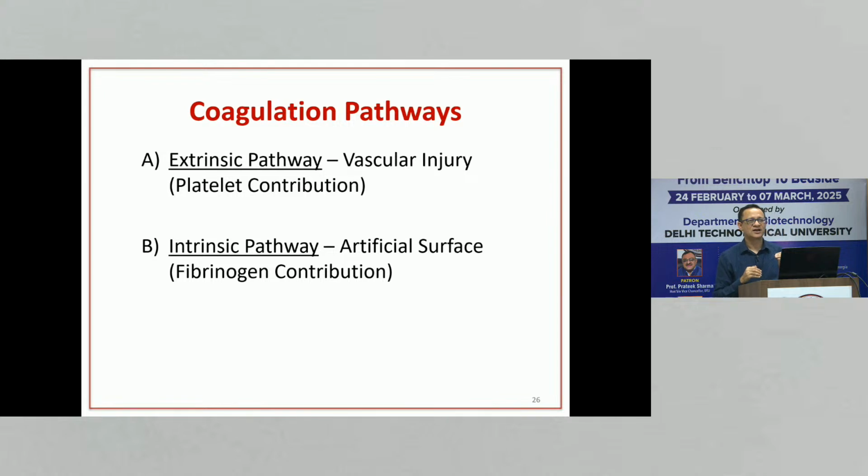The intrinsic pathway, I remember, is intrinsic, internal. So you are putting an artificial device in the body. And now fibrinogen plays a bigger role, because when fibrinogen sees this foreign surface, it sticks to the surface, and that's what platelets recognize and start getting activated.